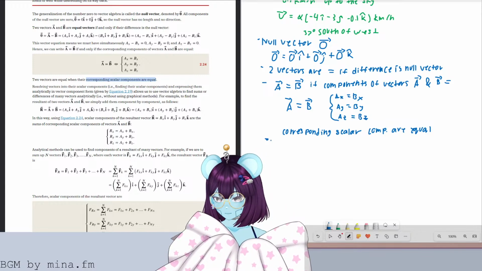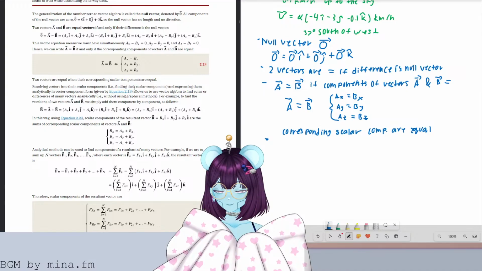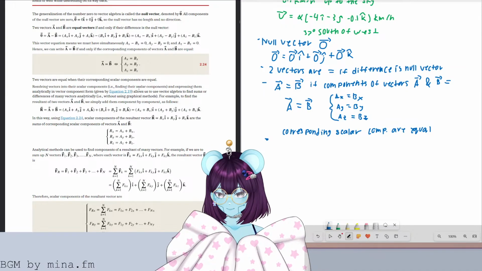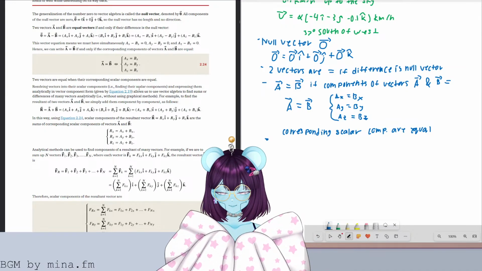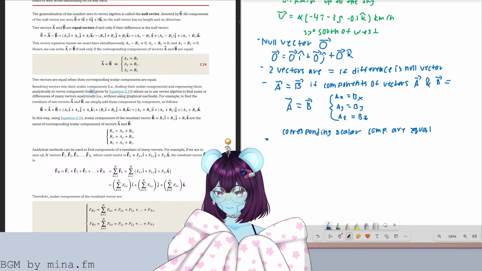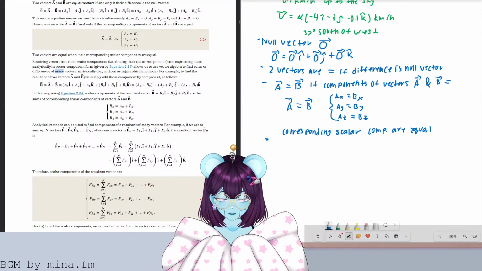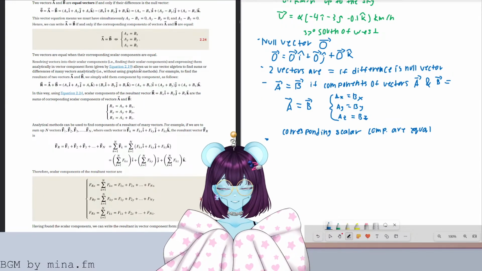Okay. Resolving vectors into their scalar vector components, in other words, finding their scalar components and expressing them analytically in vector component form, allows us to use vector algebra to find sums or differences of many vectors analytically without using graphical methods.